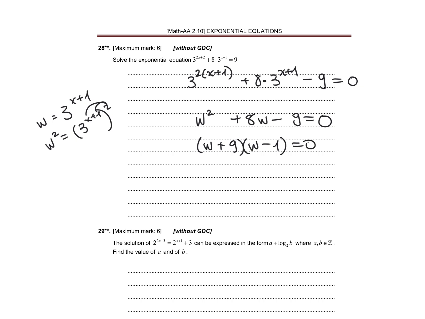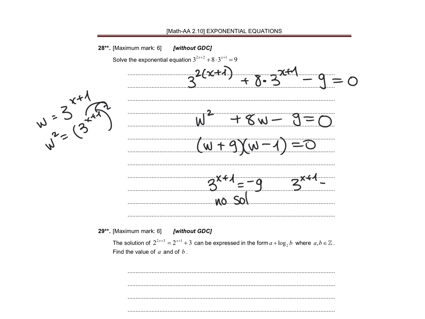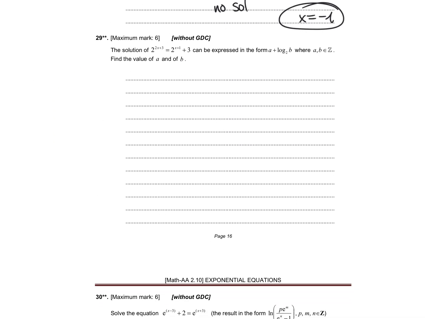So we're going to have 3 to the x plus 1 equals negative 9, not happening. Positive can't equal negative. And 3 to the x plus 1 equals 1. So we just need x plus 1 to be 0. So x is negative 1 here. The solution of that can be expressed like that. Okay.